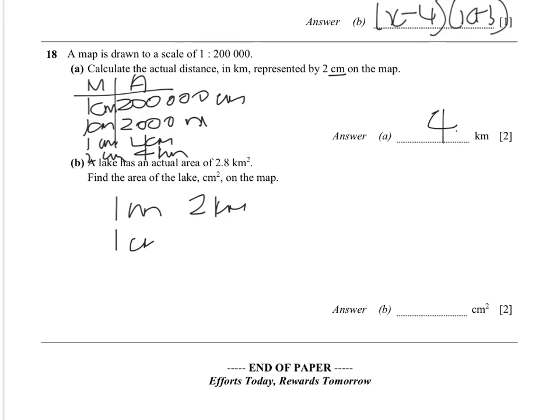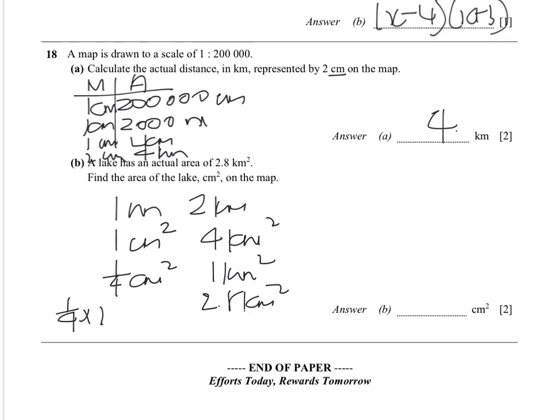Then we square both sides: 1 times 1 is 1 cm square, 2 times 2 is 4 km square. So 1 quarter cm square is 1 km square. So 2.8 will be 1 quarter times 2.8 cm square, and that answer will come here. Okay, that's all for paper 1.